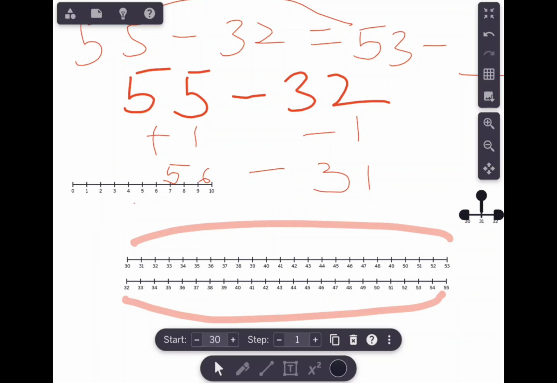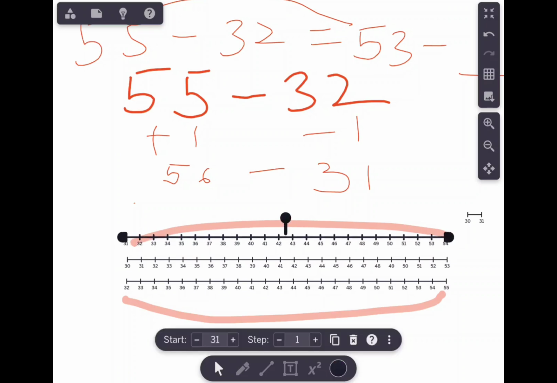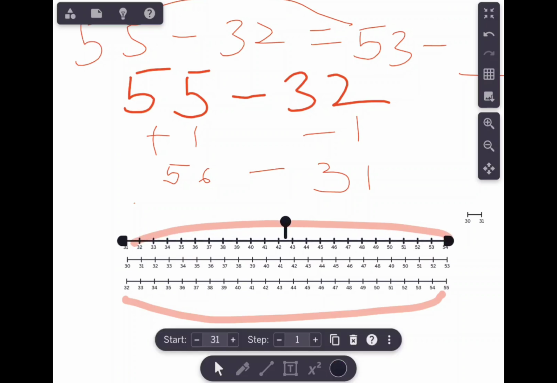Let me adjust it and start at 31. Sometimes this can be tricky, but I feel it is the best tool I have used so far. So we start at 31 and see if we end up at 56. Do we see the same distance? No. We should have ended up at 54.